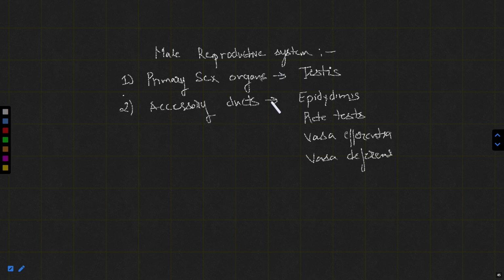All right, and what is the function of accessory ducts? Transfer, storage, and maturation of the sperms. Clear? What is the function of accessory ducts in males? Transport, storage, as well as maturation of the sperm.